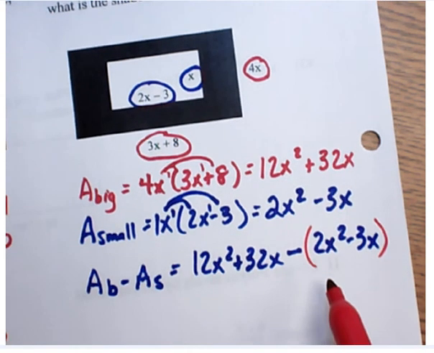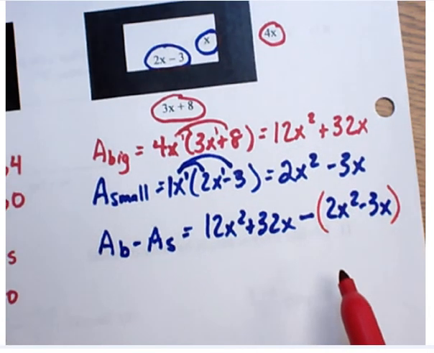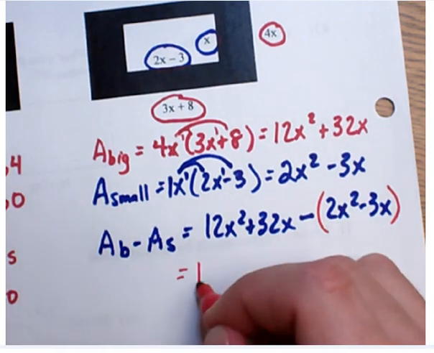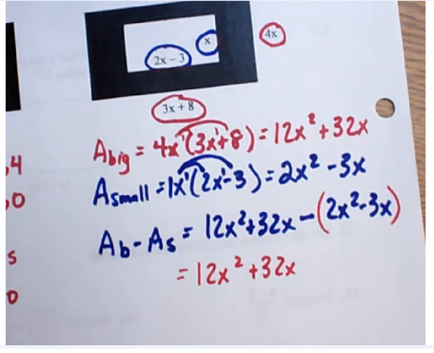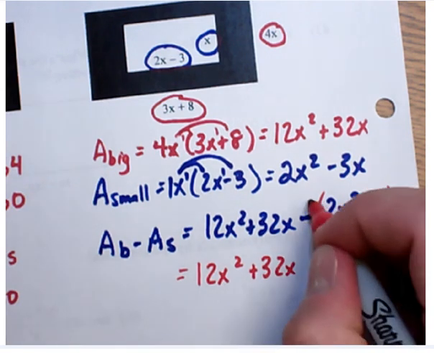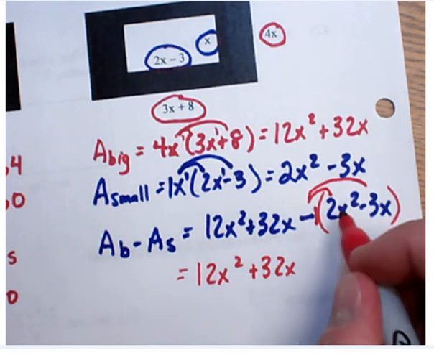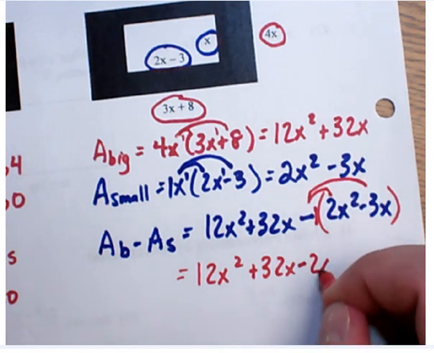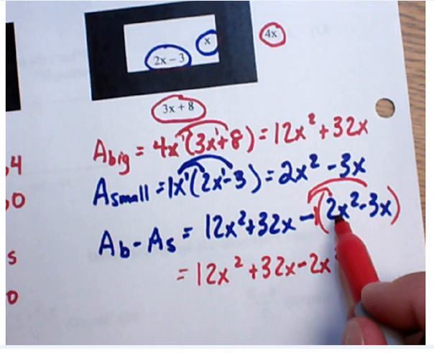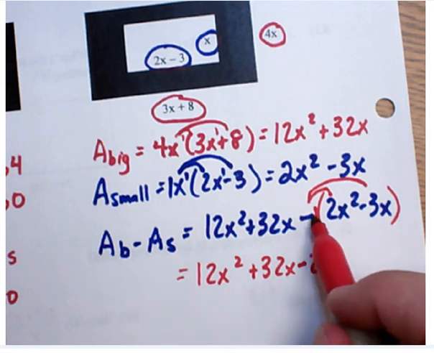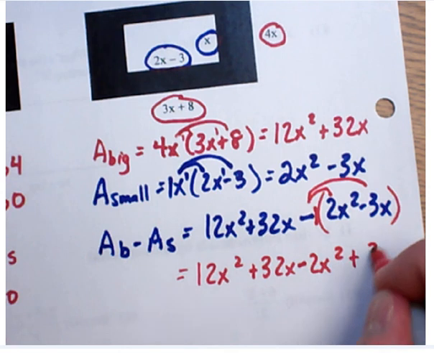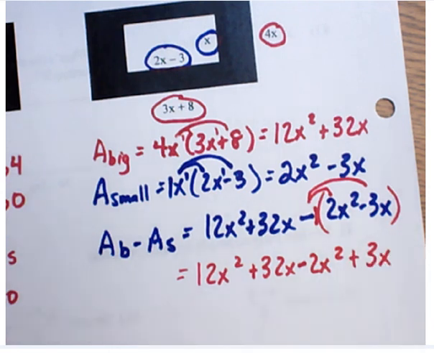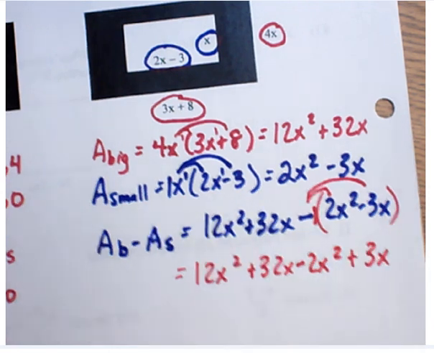So now we're adding, subtracting polynomials here. So we get 12x squared plus 32x. That doesn't change. You have to distribute the minus. So this becomes minus 2x squared. It changes all the signs. Now when you do minus 1 times negative 3x, negative negative becomes positive 3x. The last step, can we combine anything? Yes, we can.